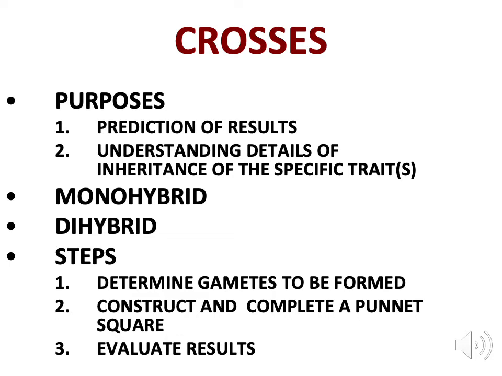In a dihybrid cross, what we're doing is we're looking at the inheritance of 2 traits. And those 2 traits give us 16 possible outcomes. So what you can see is that every time we add another trait, the cross becomes a little bit more complicated.